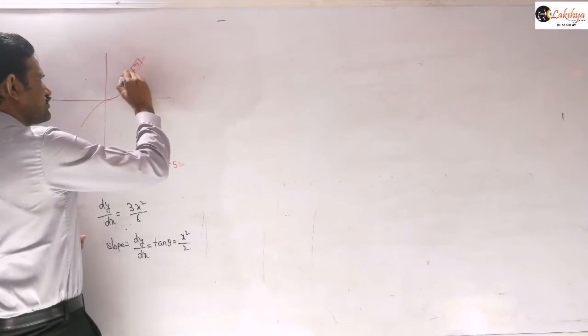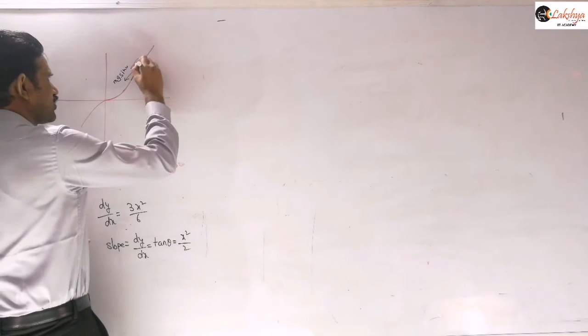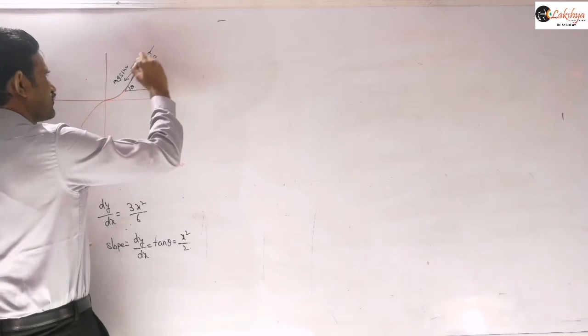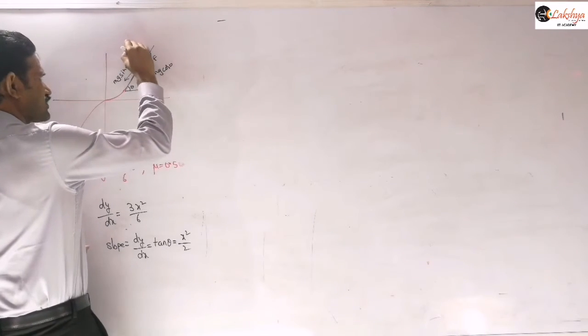Here mg sin theta will be along this direction, if the tangent drawn makes an angle theta; this is the case we are taking. Friction will be along this direction, and mg cos theta and the normal reaction will be like this.